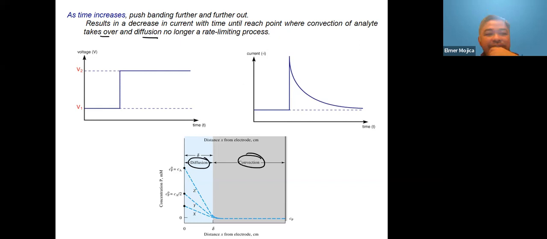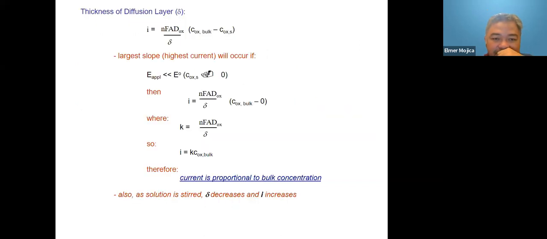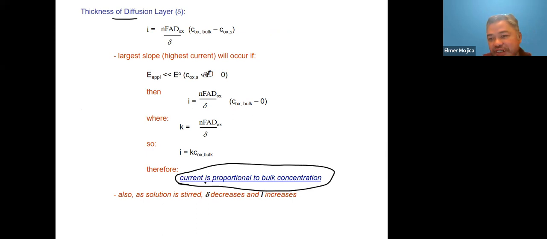So what do they do here? Okay, they can consider the thickness of the diffusion layer, and based on this concept, they said that the current is proportional to the bulk concentration, because you're trying to develop a method wherein you relate the concentration of a certain ion, which in this case is a metal ion, doon sa current.